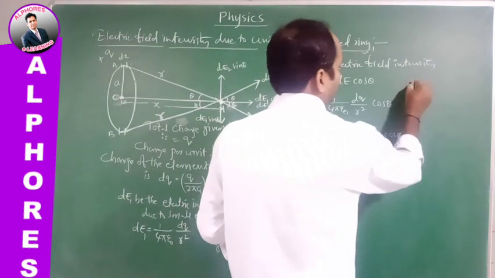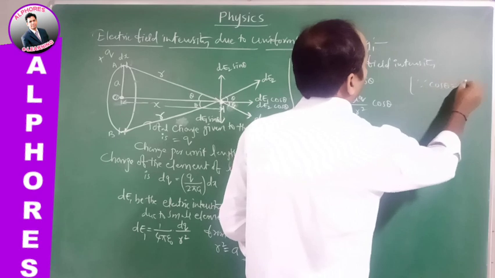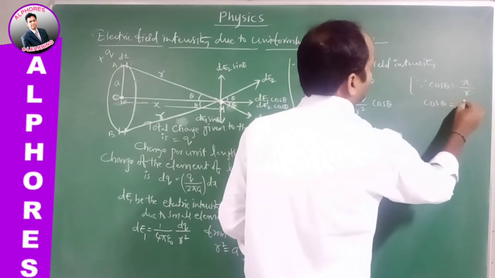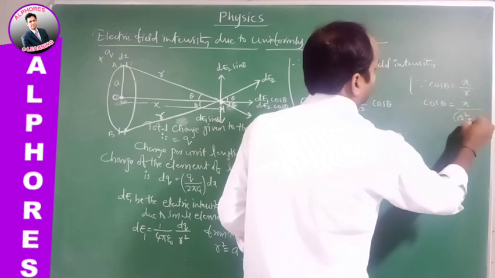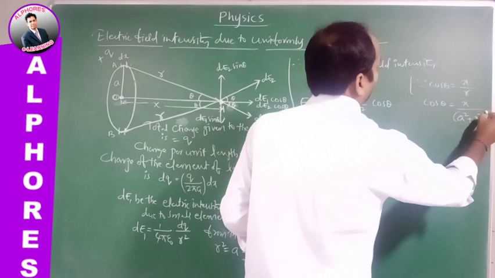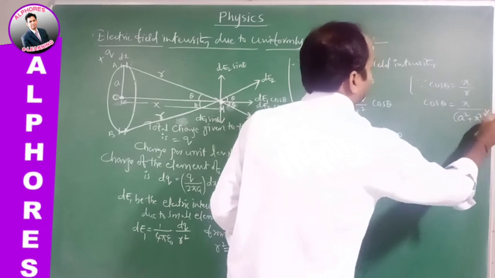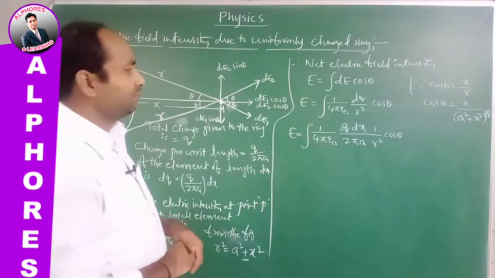So cos theta is equal to x by r. What is r? Under root of a square plus x square, which can be written as (a square plus x square) whole to the power of 1 by 2.